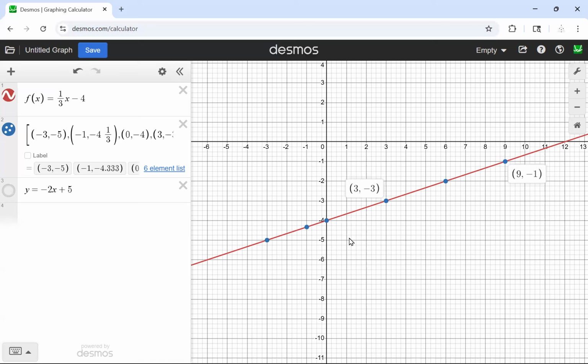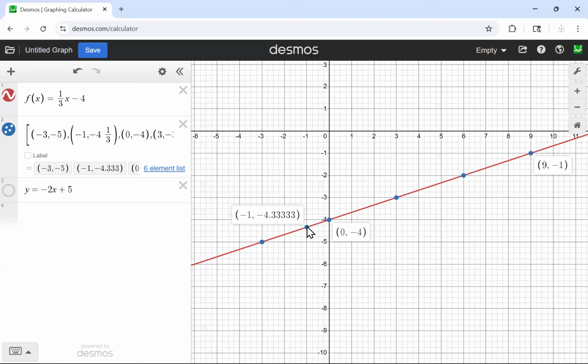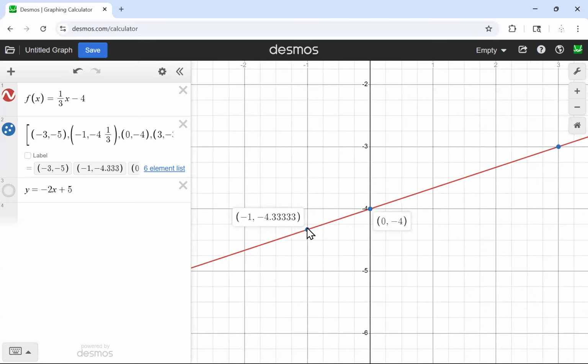And even in going from -1, -4 1/3 to 0, -4, if I zoom in, we would have went up 1/3 and over 1. 1/3 divided by 1 is still 1/3.